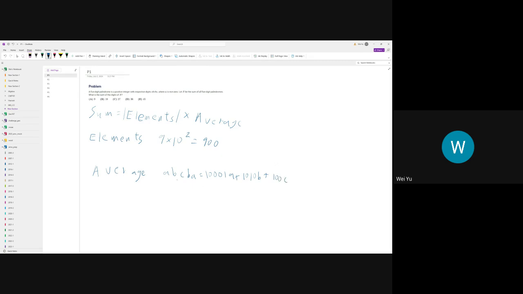To find the average, we just find the average of each of these terms. A can go from 1 to 9, so the average is (1 plus 9) over 2, which equals 5. And both B and C are from 0 to 9, so the average is 4.5.